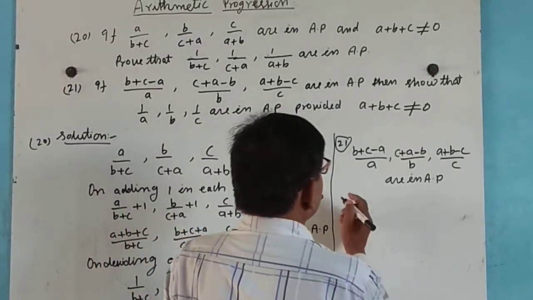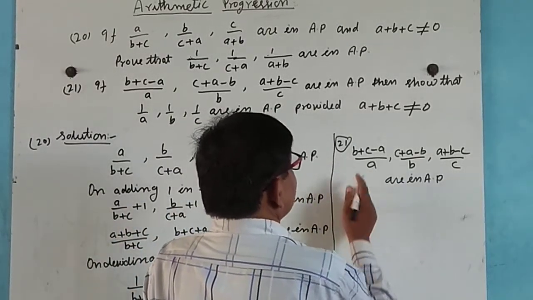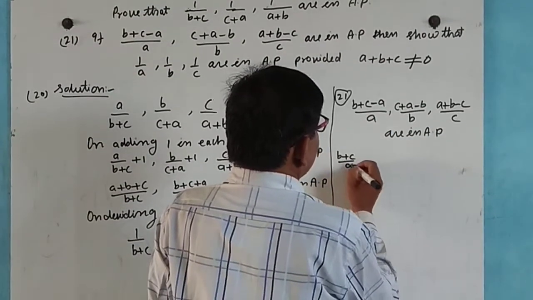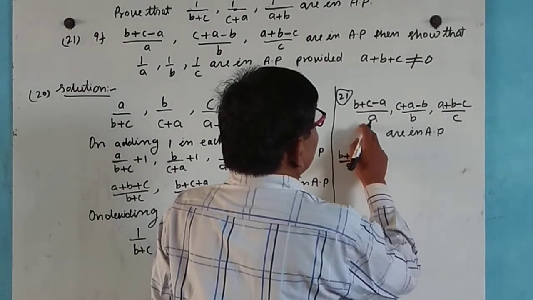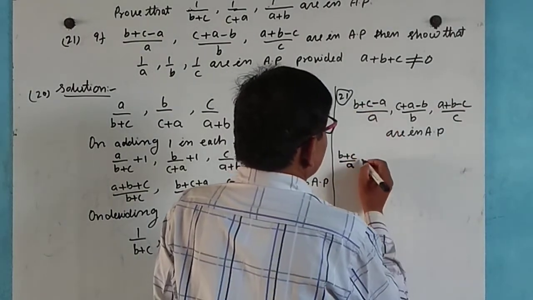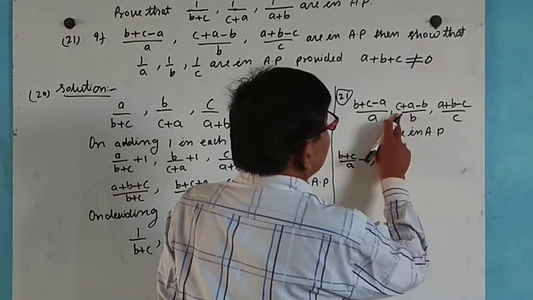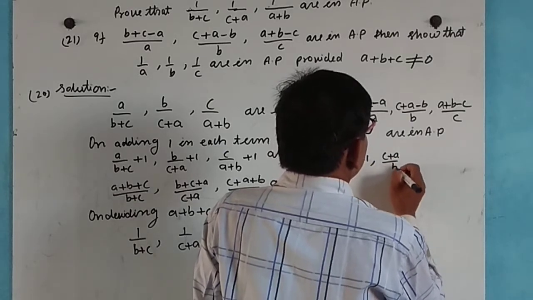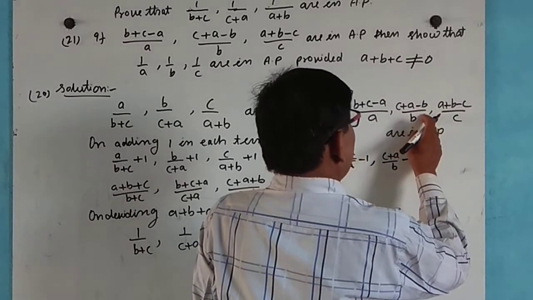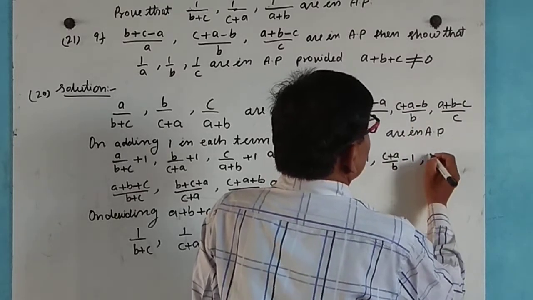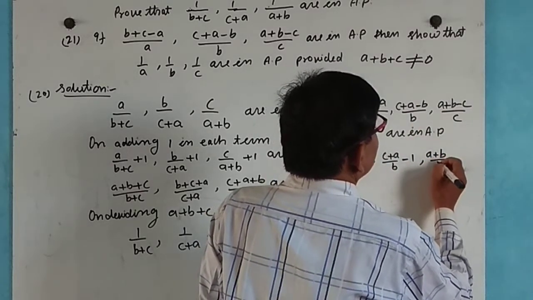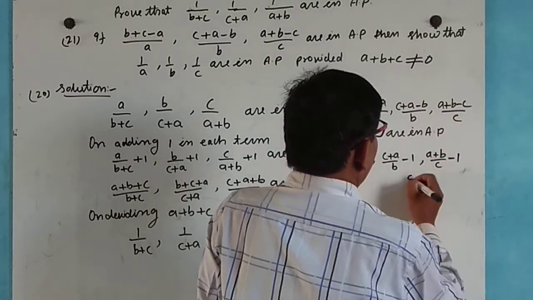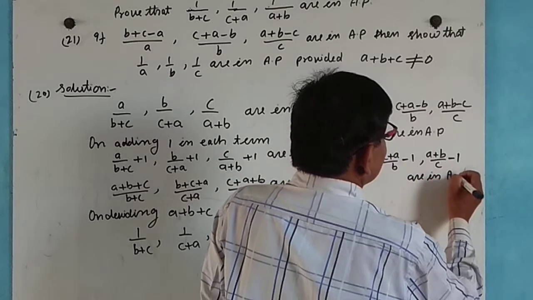now they are in AP, so we arrange this: b plus c by a minus a by a, that is minus 1. This can also be written as c plus a by b minus b by b, that is 1, a plus b by c minus c by c, minus 1, are in AP.